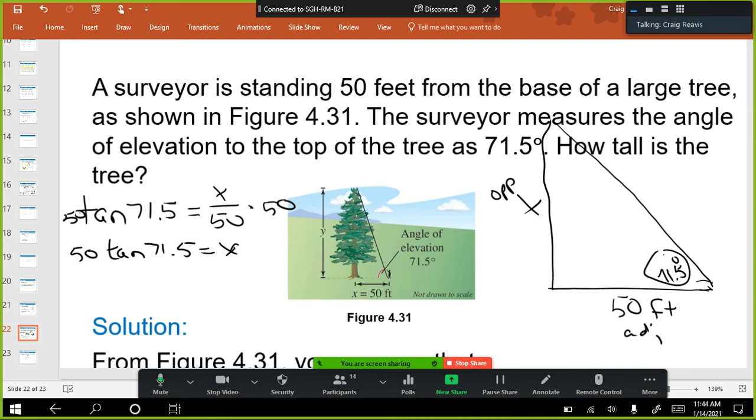And then all I've got to do is type in 50 tangent of 71.5, and it's about 149. X is about 149 feet tall. Okay, and that's something y'all probably have done in the past.